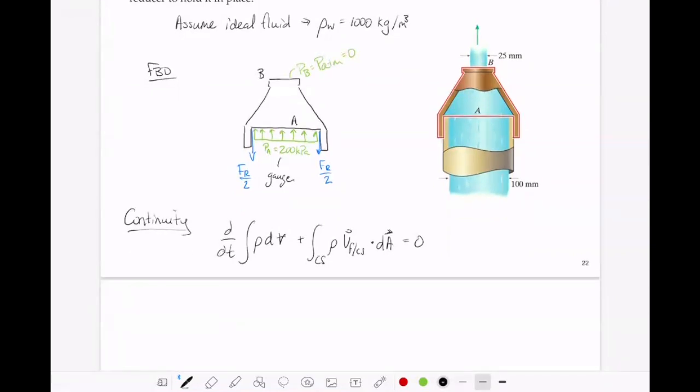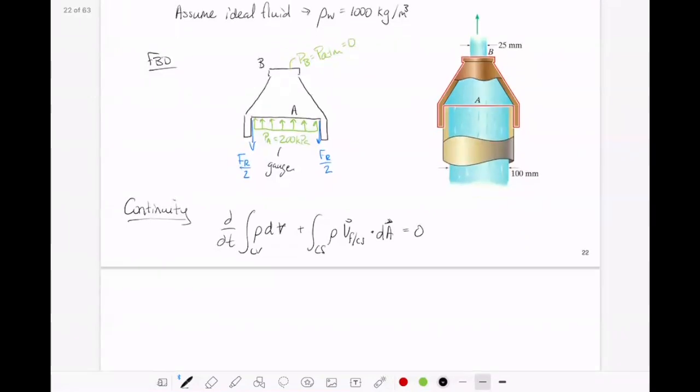So this is steady flow. Continuity, remember, is our conservation of mass. So we have steady flow, so the rate of change of mass in our control volume is 0. All we're left with is the mass flow rates in and the mass flow rates out.